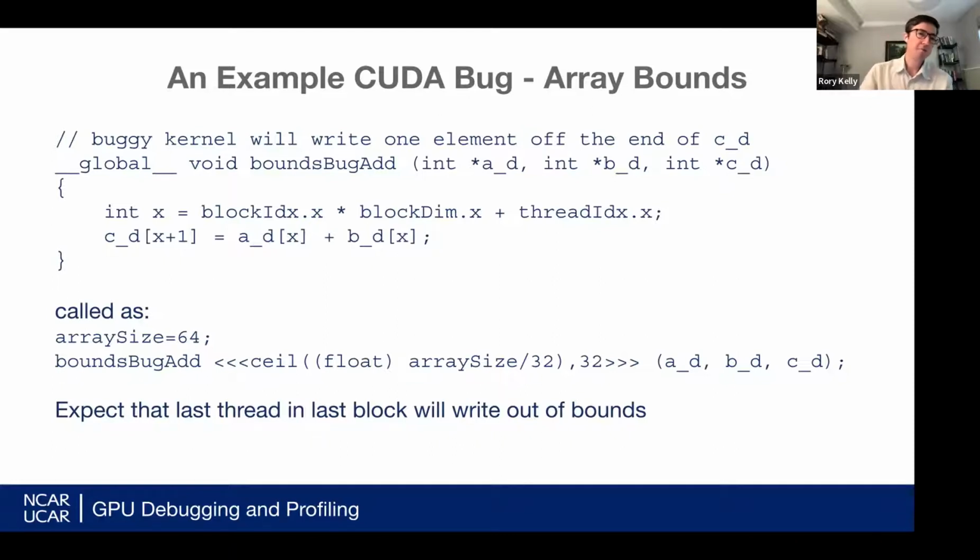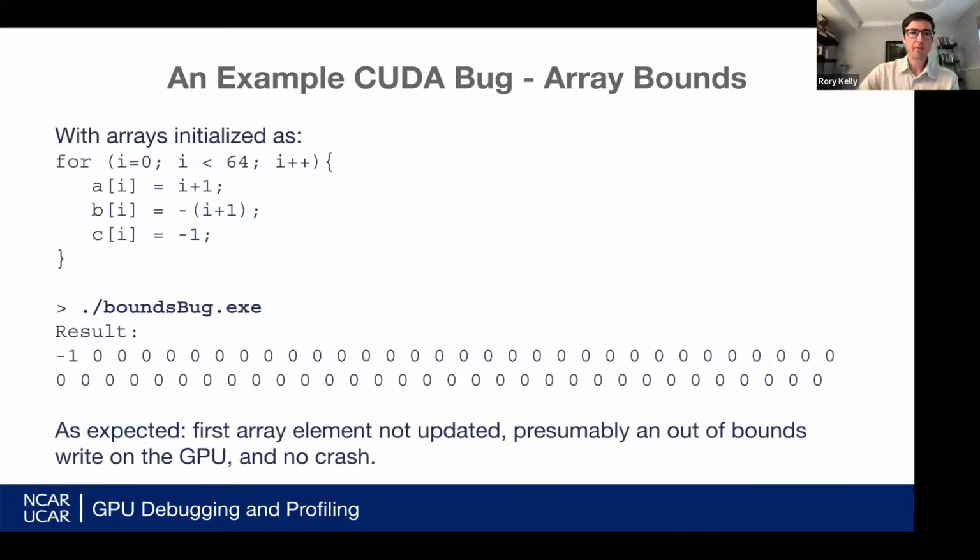Because of the way we're indexing inside this kernel, we'd expect the first element of C won't get written at all, and that the last write will occur outside the bounds of the C array. I initialize the A array to the i+1 values and B to be the negative of that, so when I add them together in this kernel, I'd expect everything to be 0. I initialize C to -1, and then I run this code.